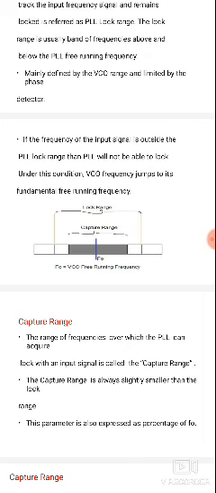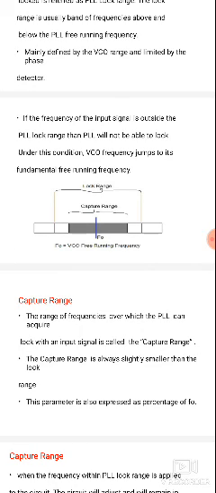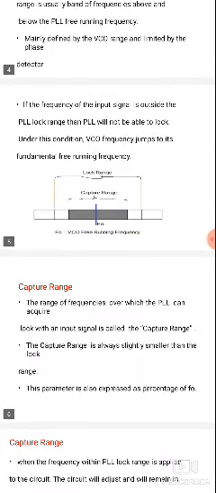If the incoming signal is outside the PLL lock range, the incoming signal and the output frequency will be different, so we cannot expect lock, that is, the PLL will not be able to lock. Under this condition, the VCO frequency, the voltage controlled oscillator frequency, will jump to the fundamental free running frequency.